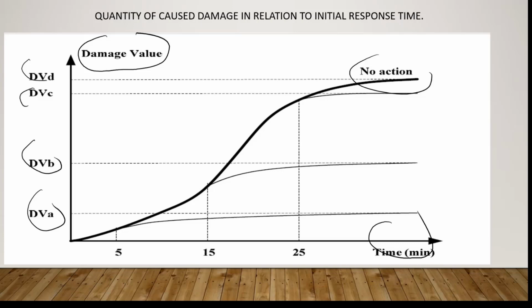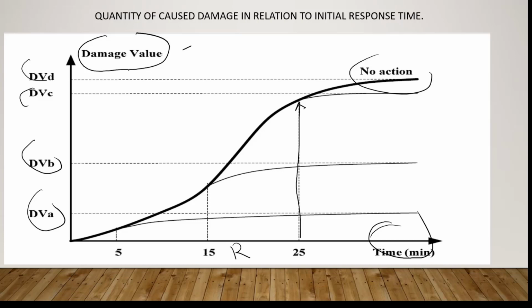For example, those in A will take about 5 minutes, and if the interventions start here, that might take about 25 minutes. So this is basically the response time, how much time it will take, and this is the damage value. The later we respond, the higher the damage value will be.